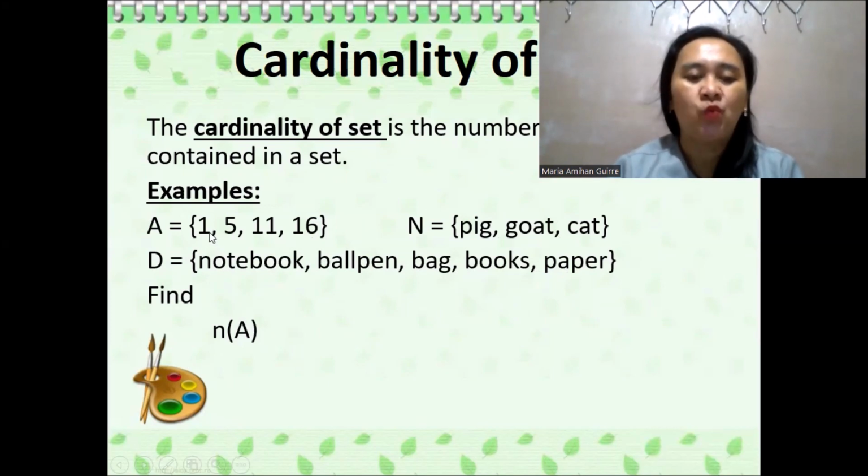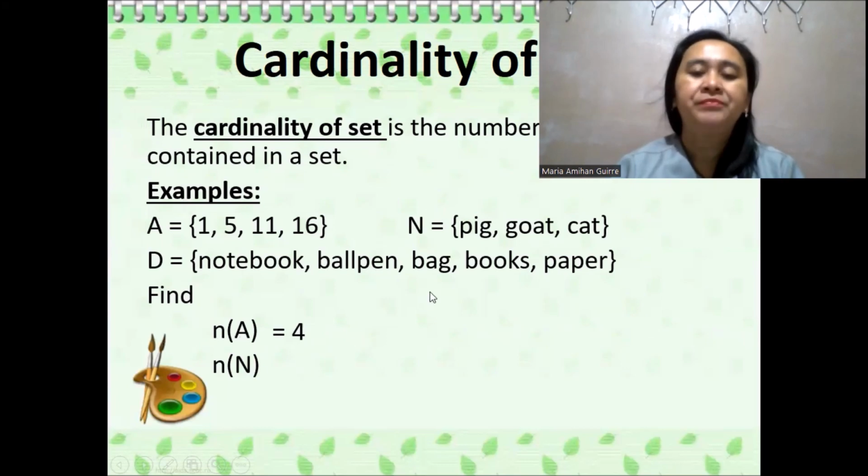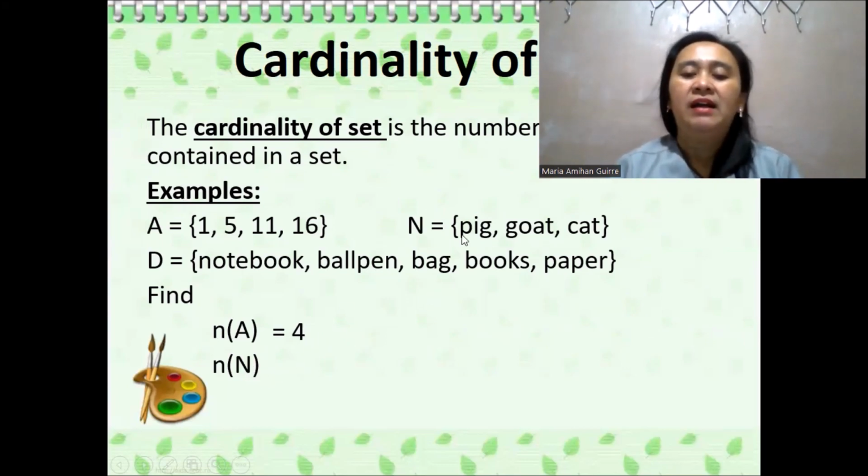So let us count: 1, 2, 3, 4. Therefore, n of set A is equal to 4. Then, the number of elements in set N, or n of set N, let us count: 1, 2, 3. Therefore, n of set N is equal to 3.